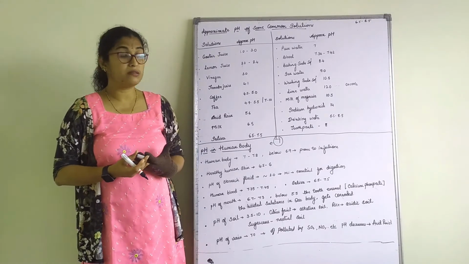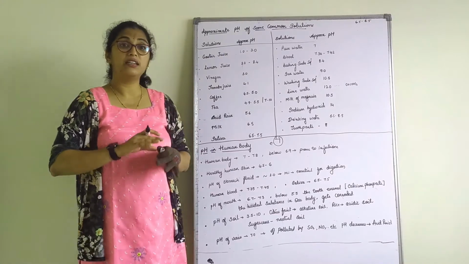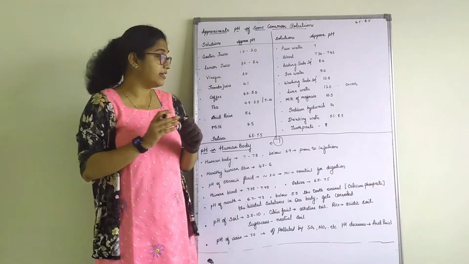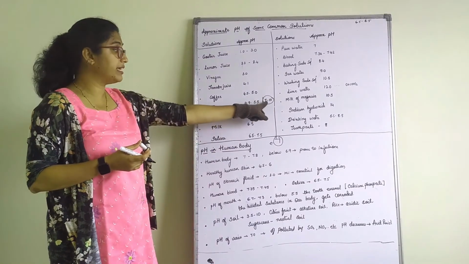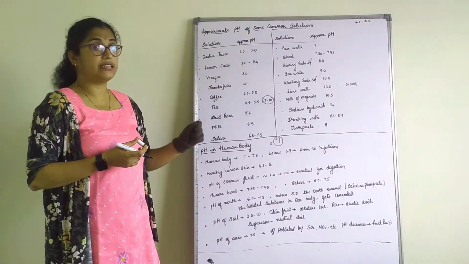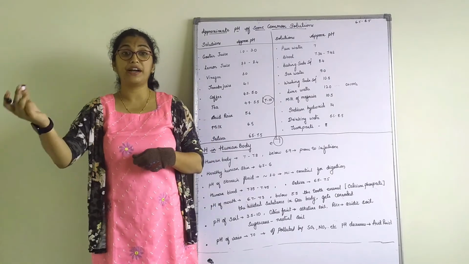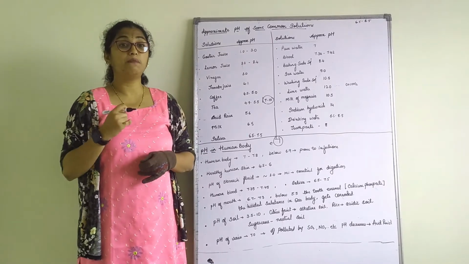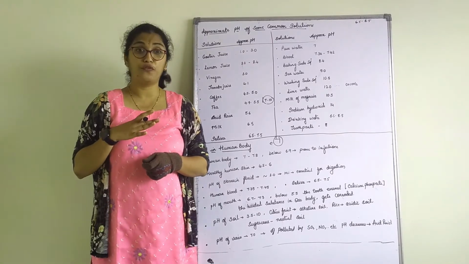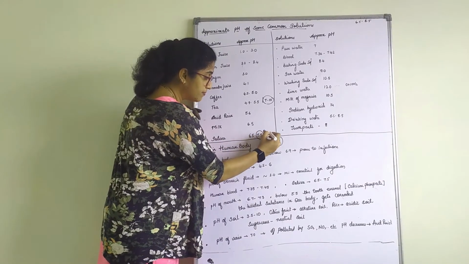But how is it possible? See here, whatever values we have written here are either completely acidic or completely basic, right? Only one is a base. The rest are all acidic in nature. But why does saliva lie between 6.5 to 7.5? When you check the pH of saliva before food, it is basic.